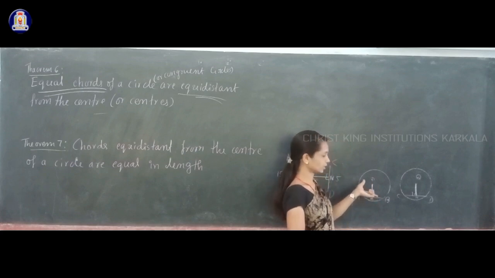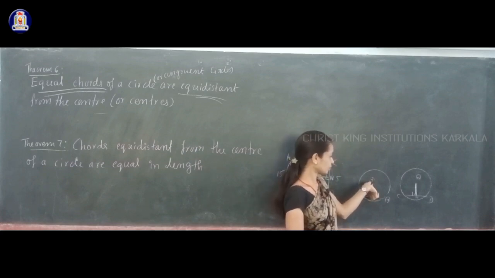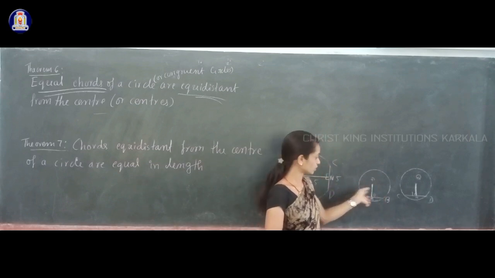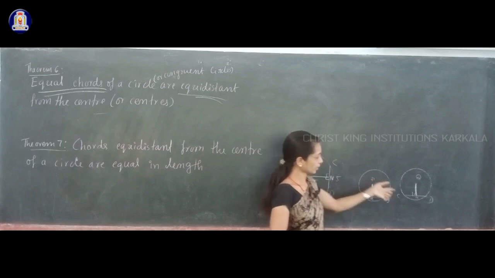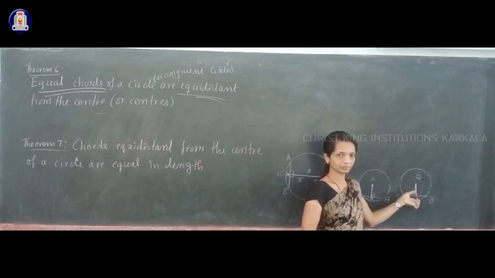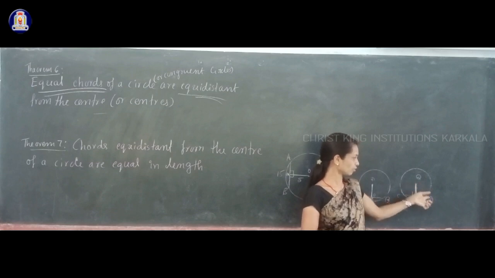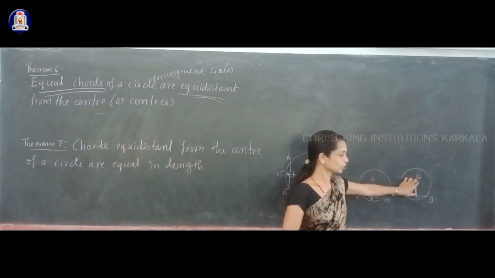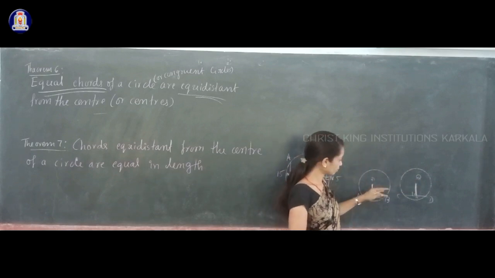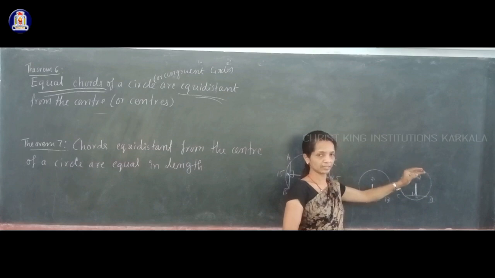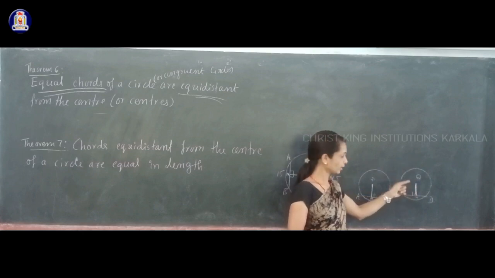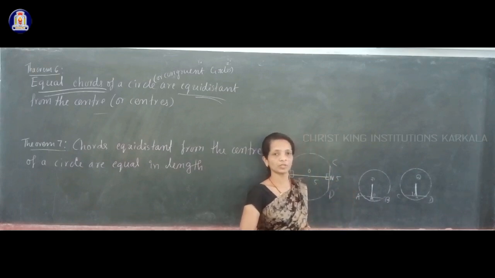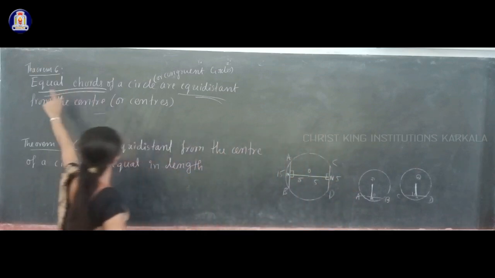They are equal means what? The length of PM gives you the distance of the chord AB from the center P, and the length of QN gives you the distance of the chord CD from the center Q. So if PM is equal to QN, that implies equal chords AB and CD of these two congruent circles are equidistant from their centers P and Q. So that is theorem 6.